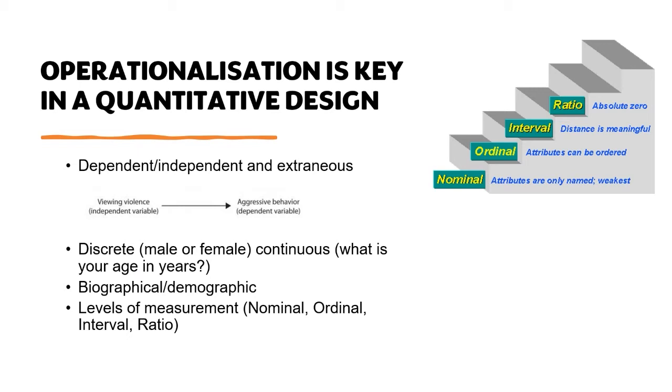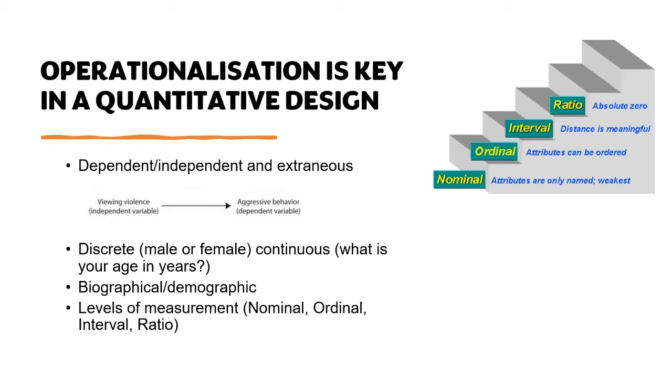Discrete and continuous variables are measured differently in our statistics. Discrete variables, we can give a pie chart. So many people in my sample were male, so many were female. In terms of continuous, I can give a line graph, or I can give an average or a mean. The average age of my interviewee was whatever. I can perhaps give biographical and demographic variables.